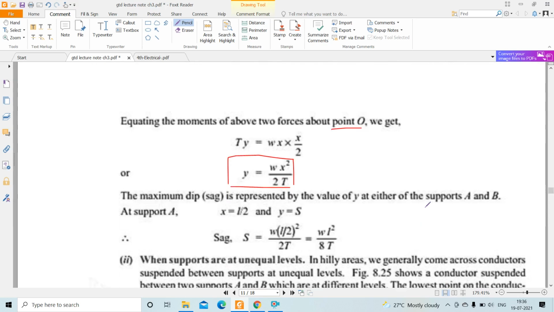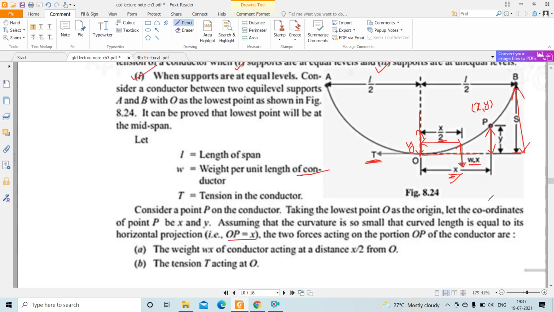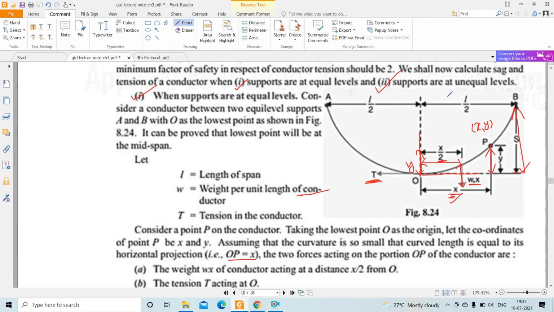So now we represent this y distance at point A and at point B. At point A, with respect to O, it is represented as the sag. Similarly at point B, with respect to O, it is the same sag. So when we compare this y with the sag, the sag is equivalent to y.